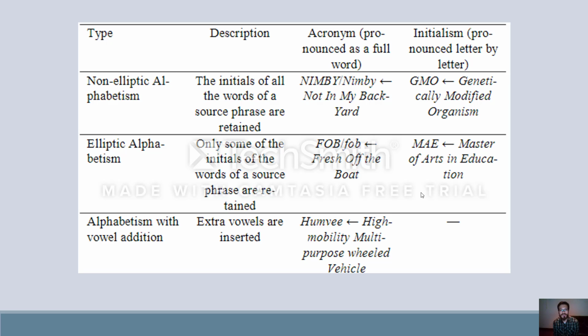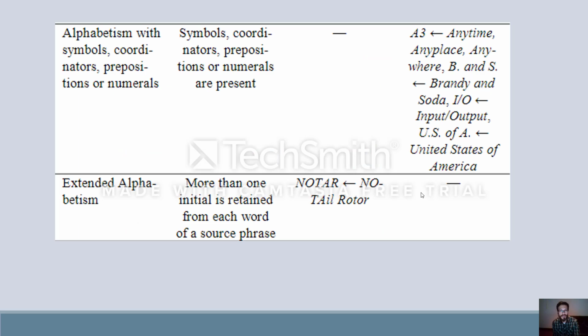Okay, so we can have HUMVEE, which stands for High Mobility Multipurpose Wheeled Vehicle. There is another type, which is alphabetism with symbols. It means that you can add some symbols, prepositions, numerals to the initialism. So, for example, we have A3, which stands for anytime, any place, anywhere. So, as you can see, we add a number to the initialism.